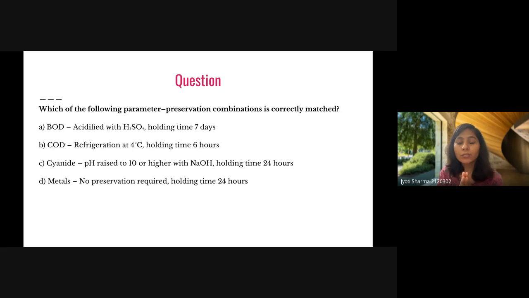So what you have to do is preserve your water, wastewater, after which, after some days or after a few hours, you can do your analysis part to know the concentration of BOD or COD. So you have to tell me the correct matching combination.